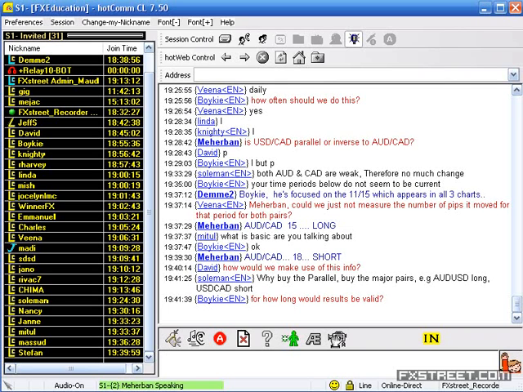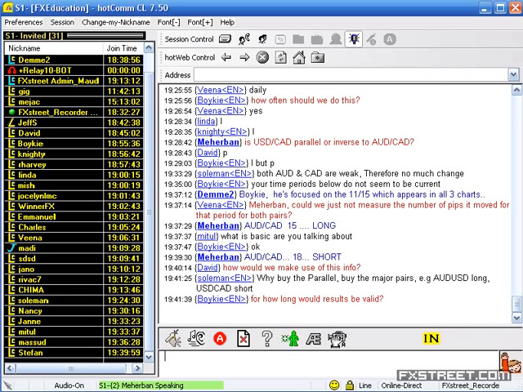Meherban asks, could we just not measure the number of pips it moved from that period for both pairs? Yes, you could. You're absolutely right, and that takes a little bit longer. You could measure the pips, and that's probably a little more precise. But keep in context that some pairs can move 180 pips during a certain period while other pairs are moving 120 or 110, so it's proportion.